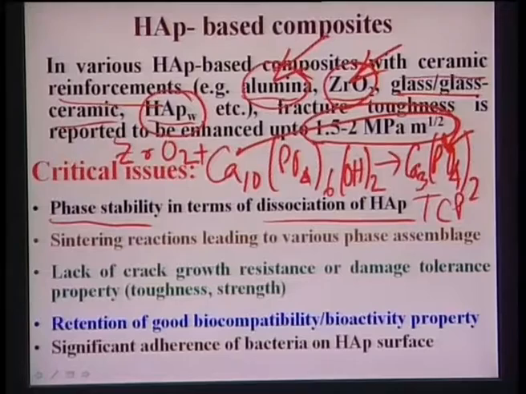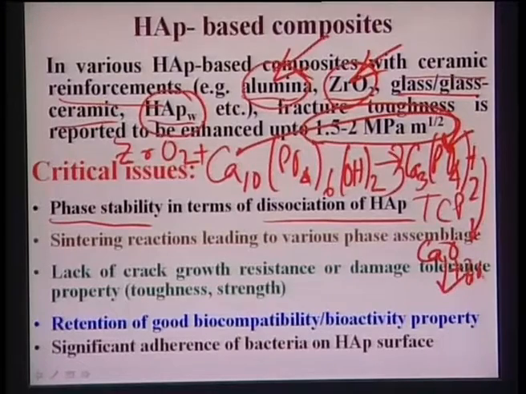If you do not control the sintering conditions fairly well, then this hydroxyapatite can release TCP, or be dissociated into TCP, and if you balance these reactions, you will end up having 1 mole of CaO from 1 mole of hydroxyapatite. And this CaO can further react with zirconium oxide and form calcium zirconate.